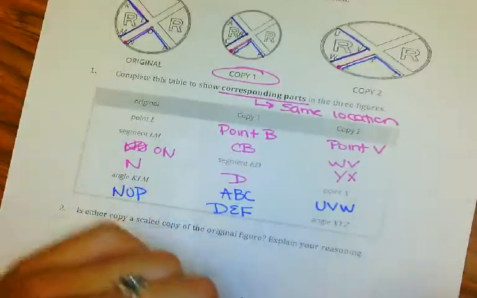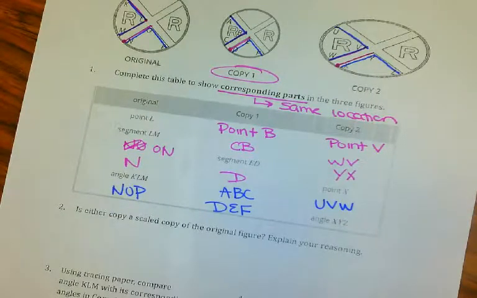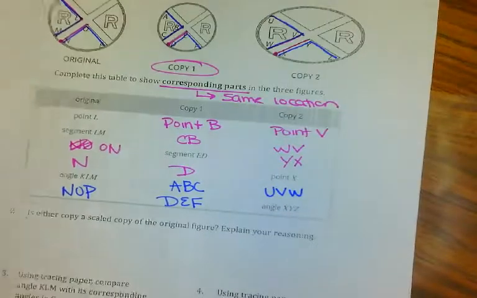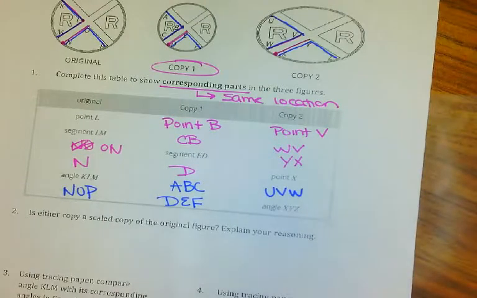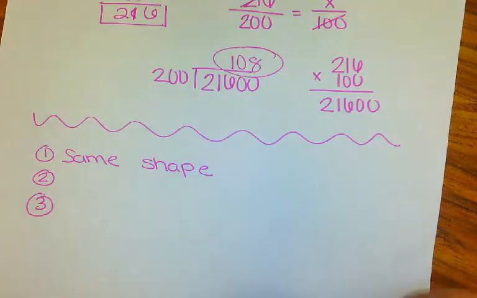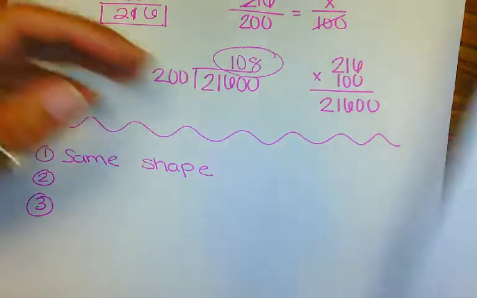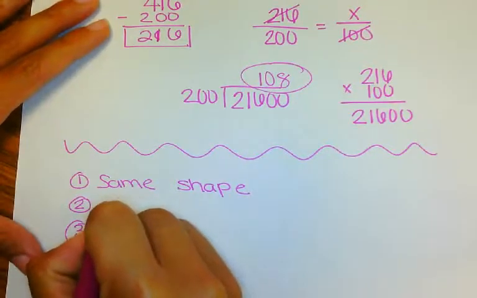All right? So whenever we have scale copies, the first thing that needs to happen, like we said earlier, is that it has to be the same shape. And then the second thing, in order for it to be a scale copy, like what we found here, is that the angles have to be the same.